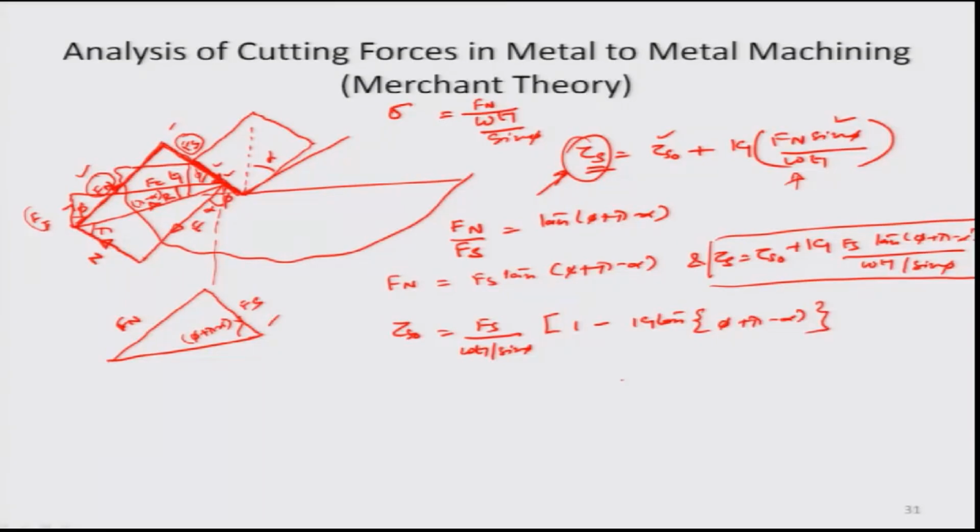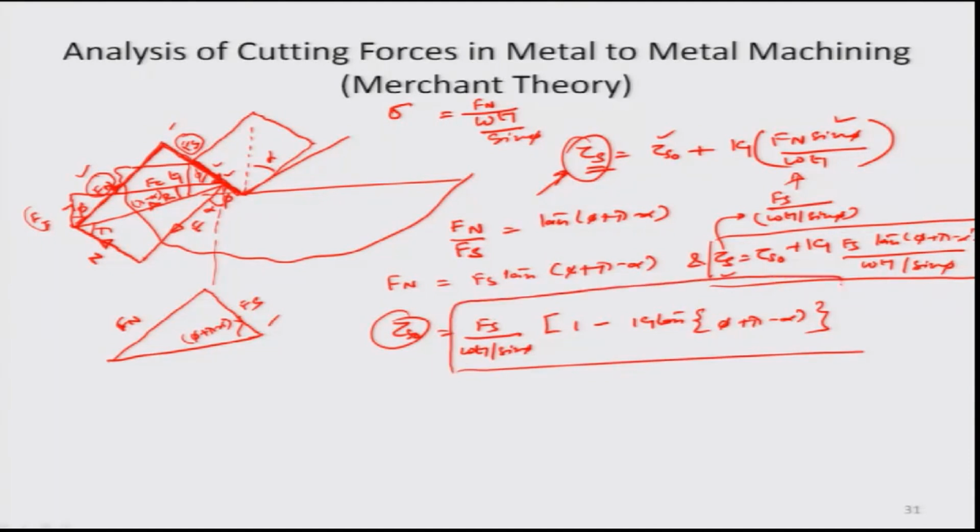The reason being that on one side you have the tau s value, which you can write down simply from the earlier equation as Fs divided by Wt1 by sin phi. So, if you substitute this value in tau s, the tau s0 value comes out to be Fs by Wt1 by sin phi times 1 minus k1 tan phi plus lambda minus alpha.